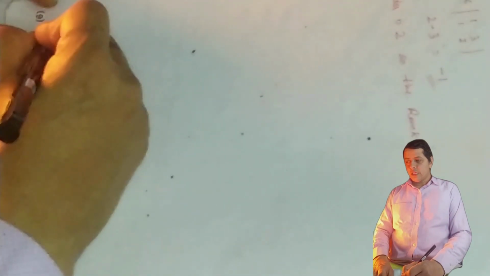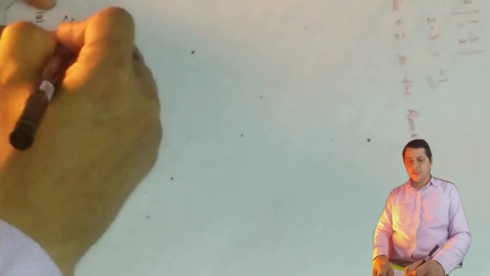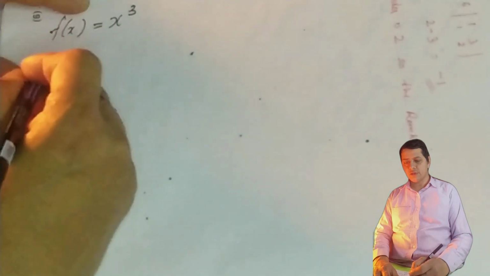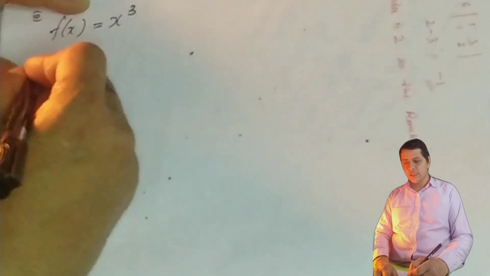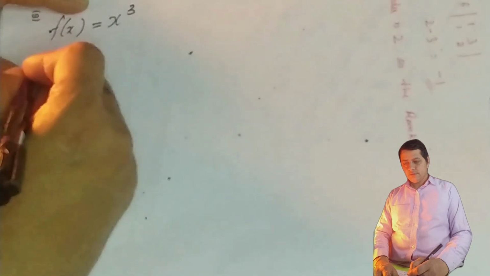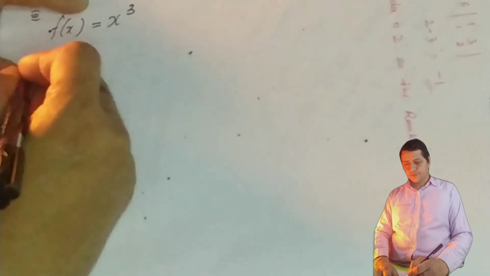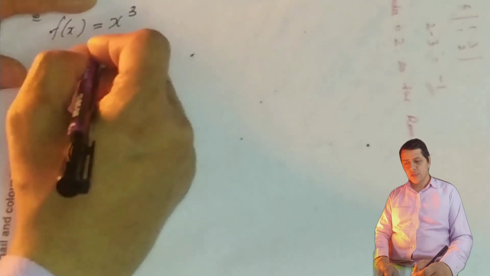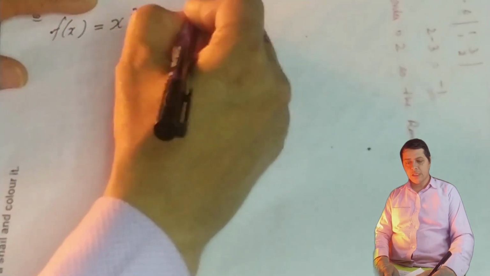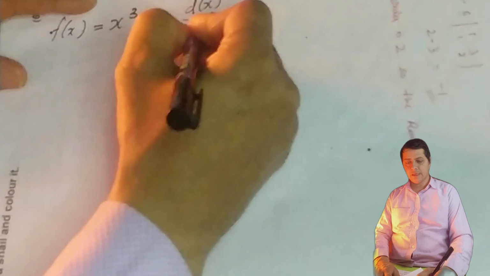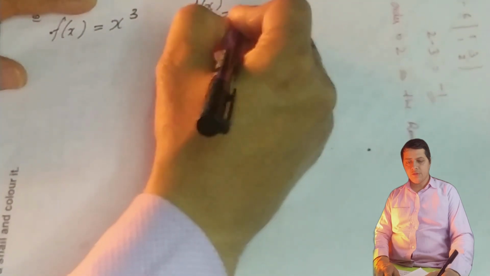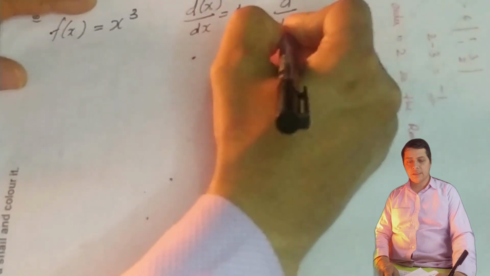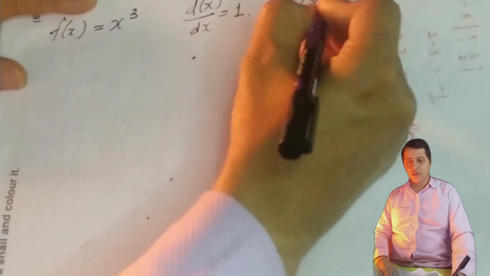That is the third one. Let's say f(x) is equal to x cube. In this case, we need to remember some points. By now we know that dx by dx is equal to 1, and d by dx of x square is equal to 2x.